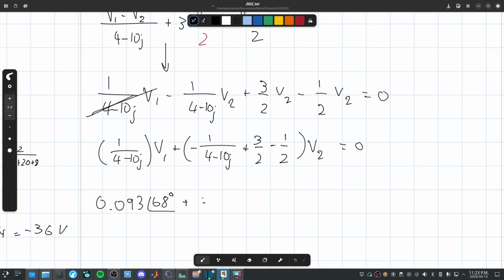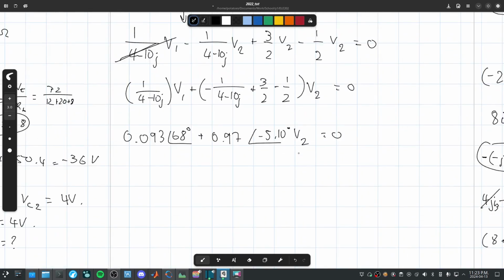Plus, this here is negative 1 over 4 minus 10i plus 3 over 2 minus 1 over 2. Put that into polar format. You get 0.97 with a phasor angle of negative 5.10 degrees. V2 is equal to 0.